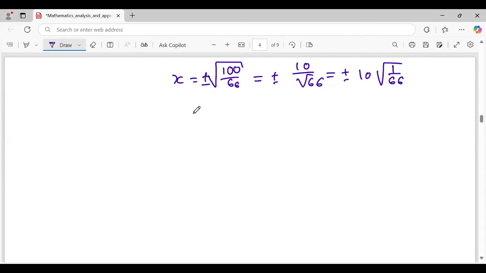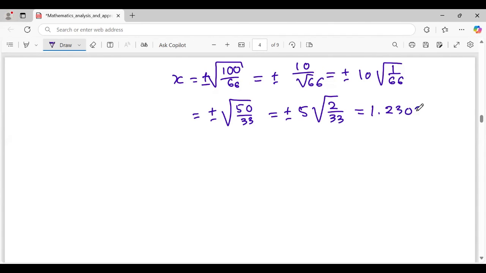Or we can simplify it, it becomes square root of 50 over 33. Since 50 is 25 times 2, it becomes 5 square root 2 over 33, or in decimal, 1.23091 according to my calculator. This is X.